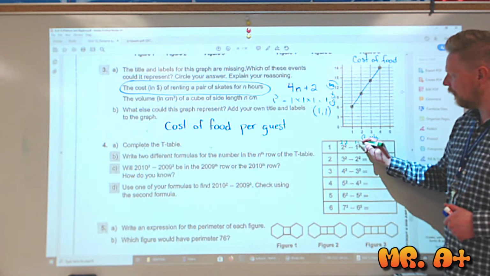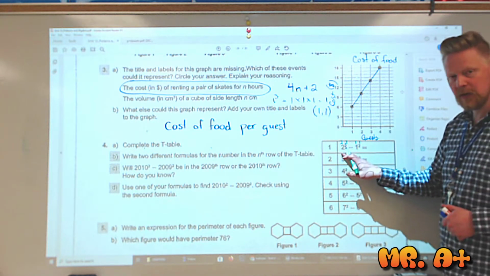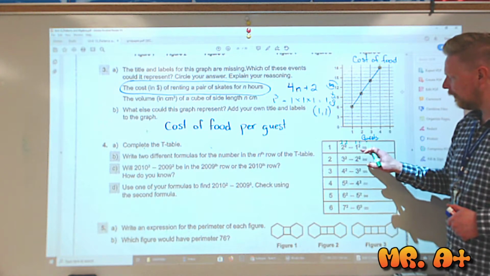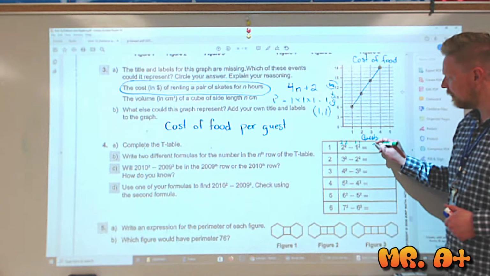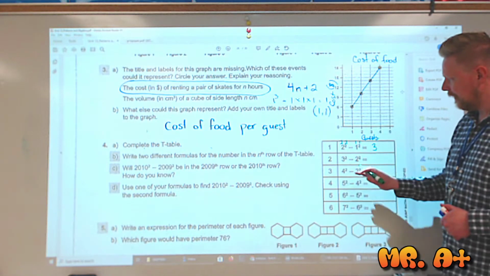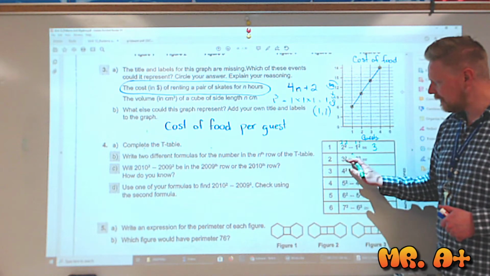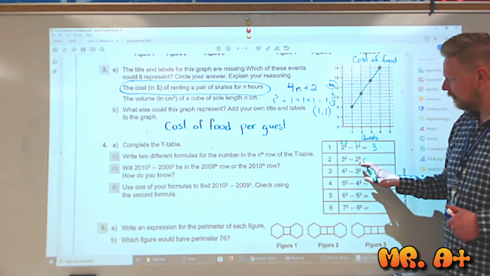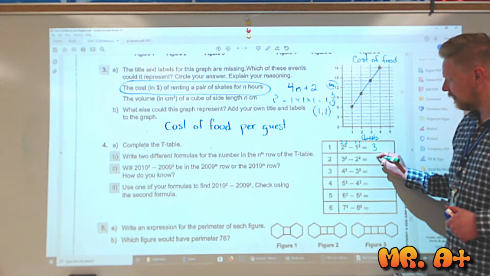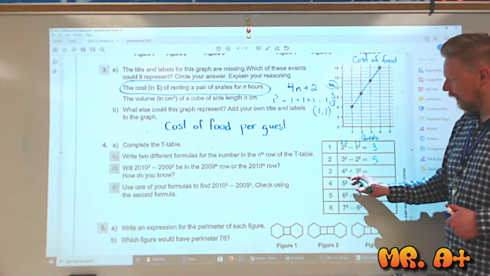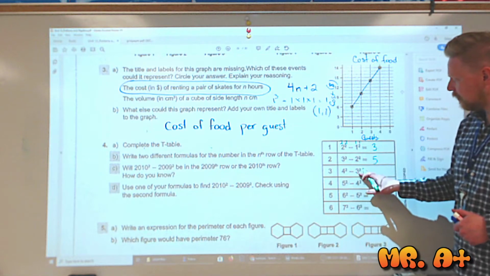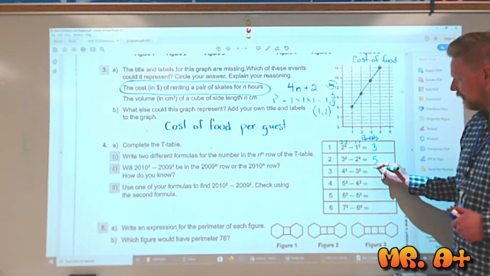And 1 squared is like 1 times 1. So 2 times 2 is 4. 1 times 1 is 1. So 4 minus 1 is 3. 3 squared is 3 times 3. That's 9. Subtract 4. So that's 5. 4 squared is 4 times 4, which is 16. Subtract 9, which is 7.